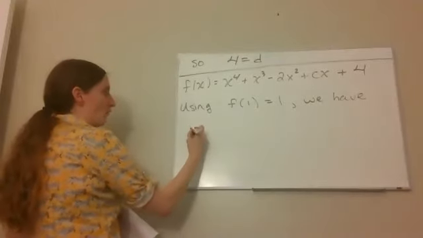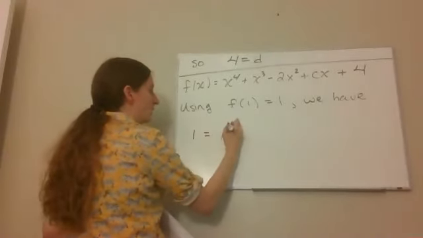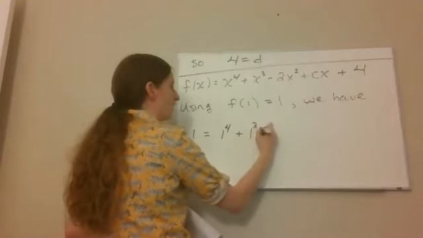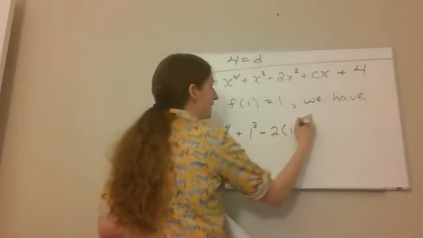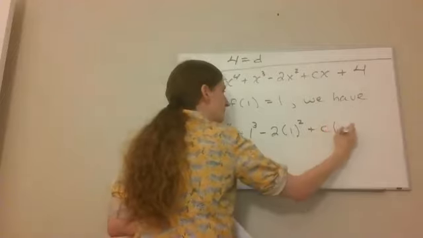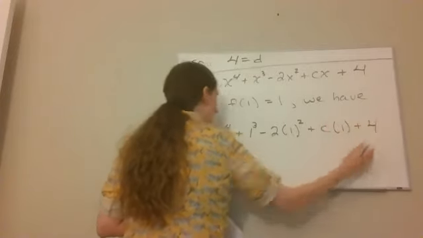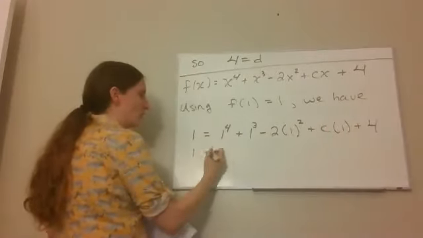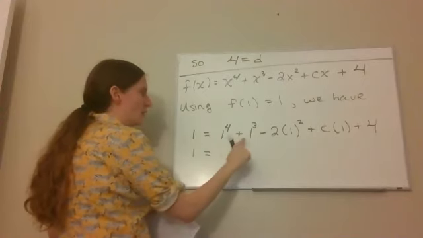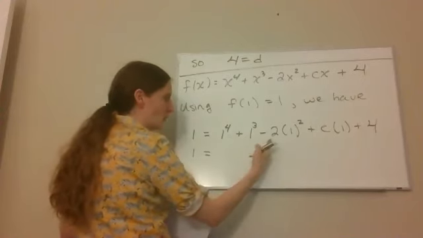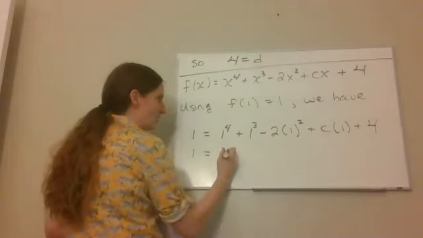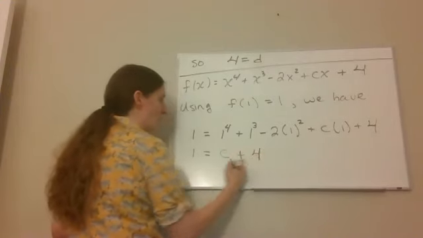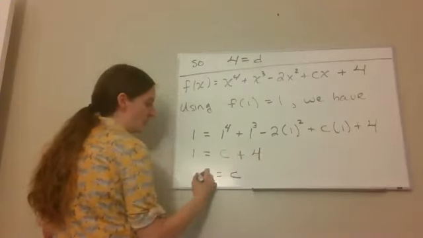So I have 1 equals what I get when I plug a 1 in for all of my x's. So I get 1 equals, well, this is 1 plus 1 minus 2, so that goes away, and I just get c and 4. So that means c is equal to negative 3.